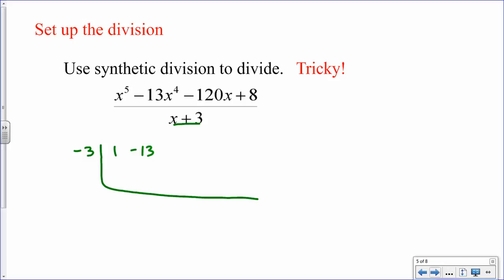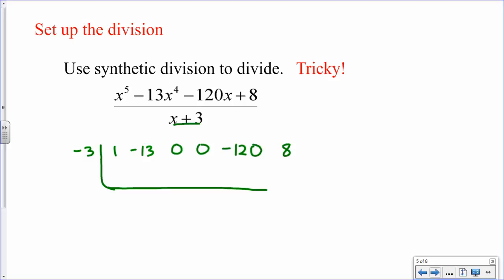Be careful. Remember, you have to have every exponent accounted for. And then I have 0x cubed and 0x squared, negative 120x, and positive 8.